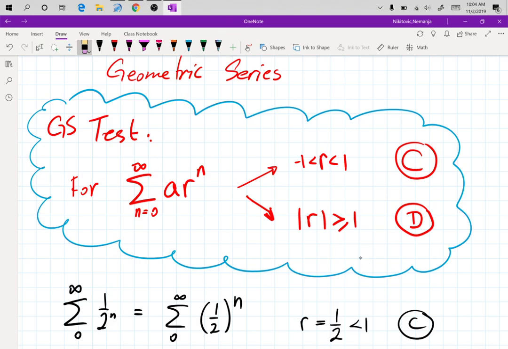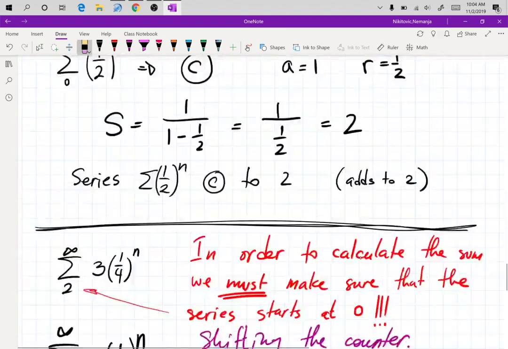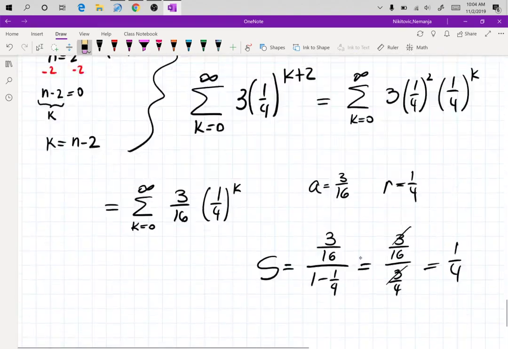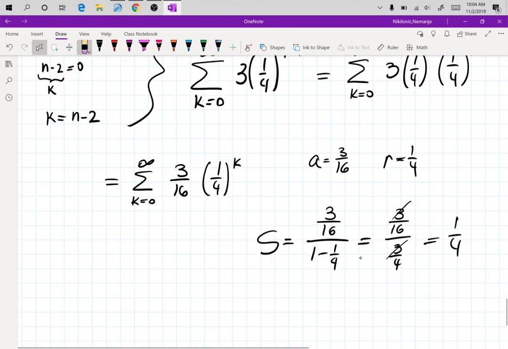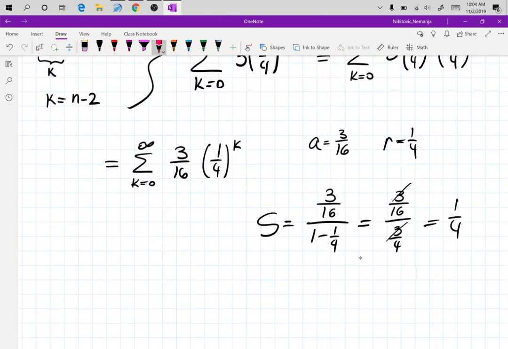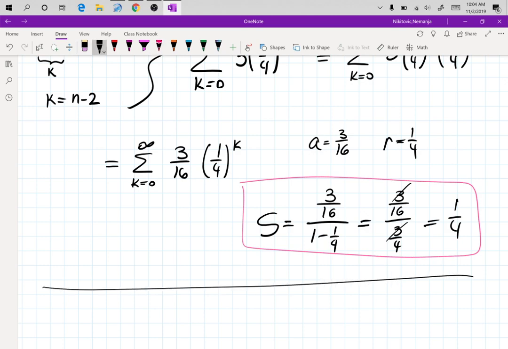The procedure to shift the counter, to use the summation formula, is outlined here: you subtract whatever is there, and that gives you what the substitution is. Make sure you substitute the other one, and then fly through the calculation to come up with the summation at the end. So that's called geometric series.